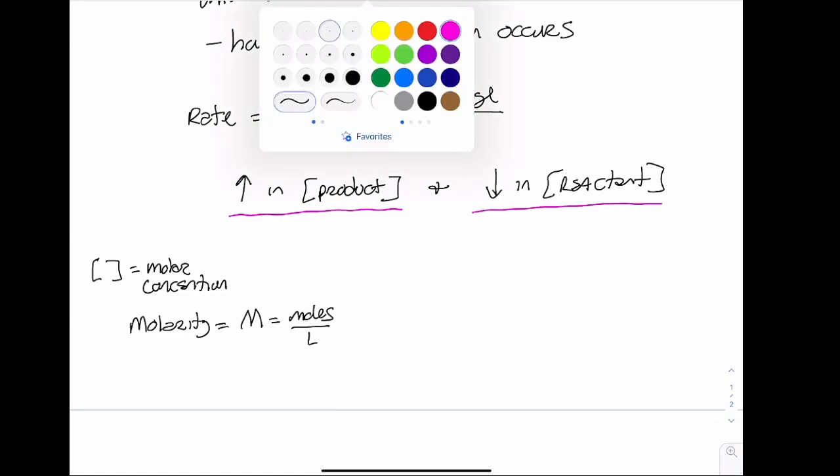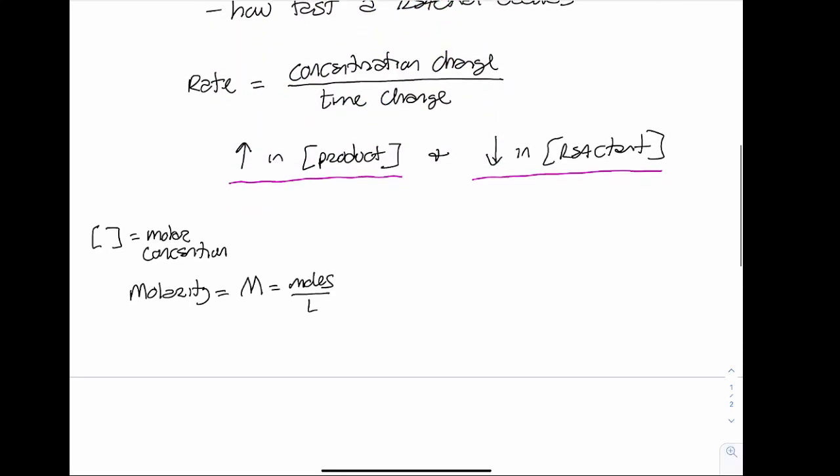If I was to make a graph, and let's just say A going to B is our generic version, and I was to make a graph of my concentration versus time, my concentration of B is going to increase. I'm going to start out with none, and it's going to go up, and then my concentration of A is going to go down.